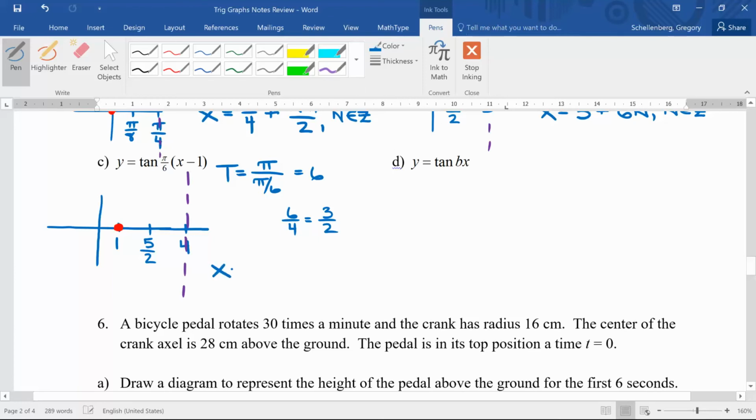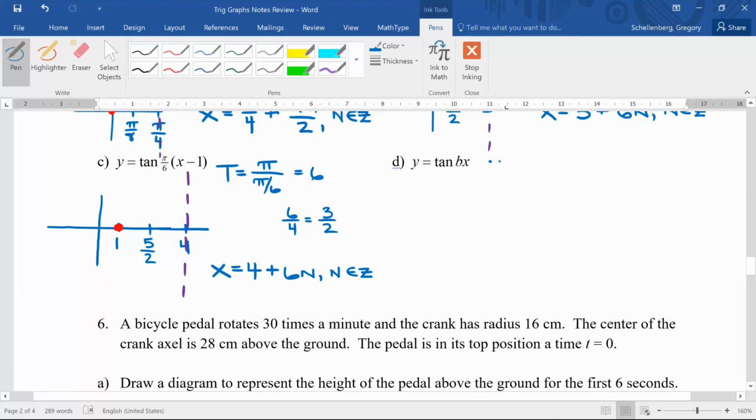We will say that x is equal to 4 plus integer multiples of the period. The period's 6, so we'll say 4 plus 6n, where n is an integer. Okay, and then the last one here.